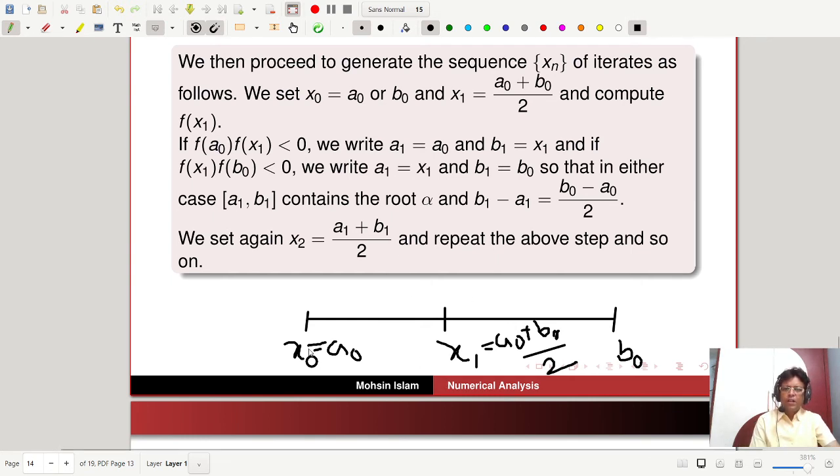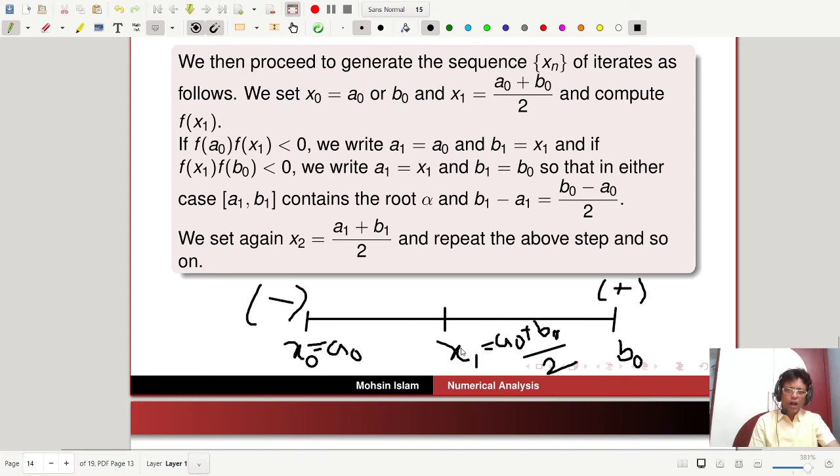So a0 and b0: suppose f(a0) and f(b0) are of opposite sign, say at a0 the functional value is negative and at b0 the functional value is positive. So there is a root between a0 and b0. Now compute the functional value at x1.